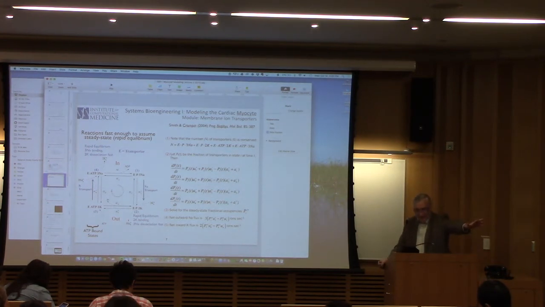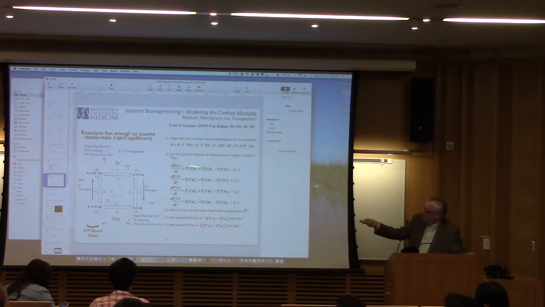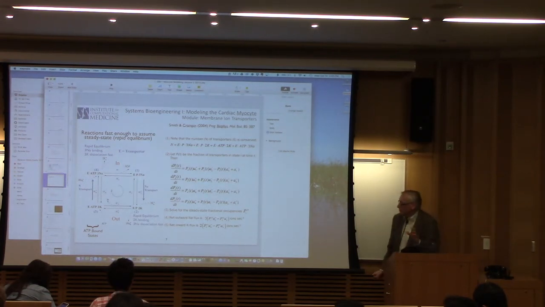Reach their steady-state values instantaneously. And so by setting this side to 0, we now have 4 algebraic equations in 4 unknowns. And the 4 unknowns are the state occupancy probabilities. And so we can solve for those probabilities.